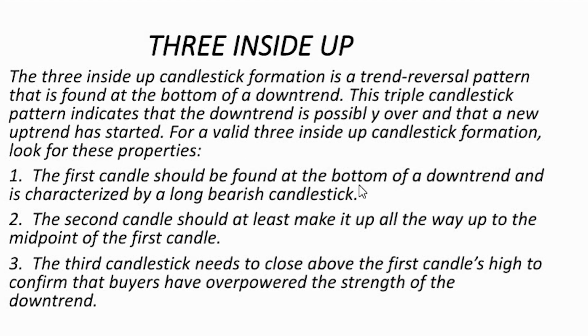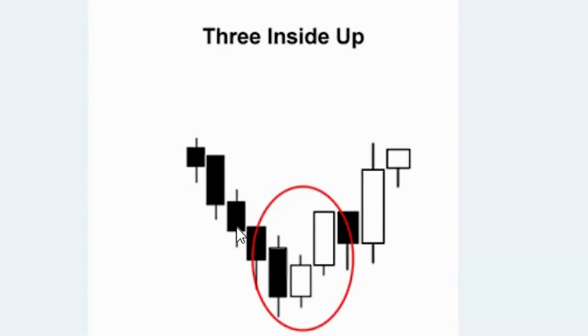Number one, the first candle should be found at the bottom of a downtrend and is characterized by a long bearish candlestick. The second candle should at least make its way up to the midpoint of the first candle. The second candle is a bullish candle. The third candle needs to close above the first candle's high to confirm that buyers have overpowered the strength of the downtrend.